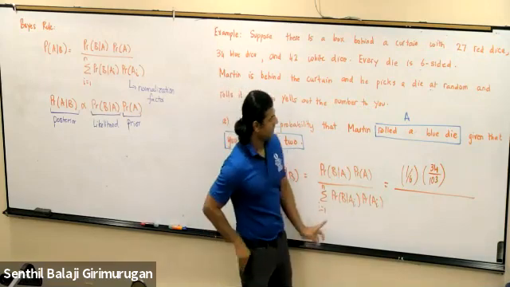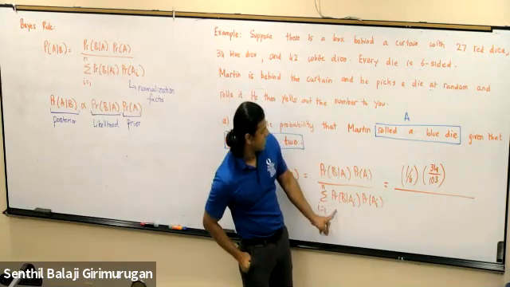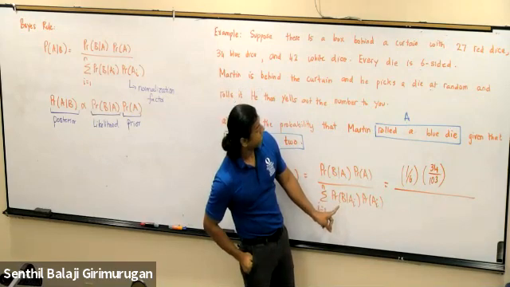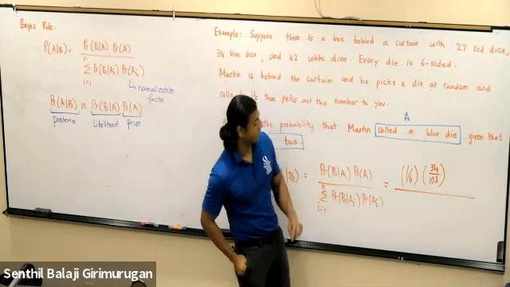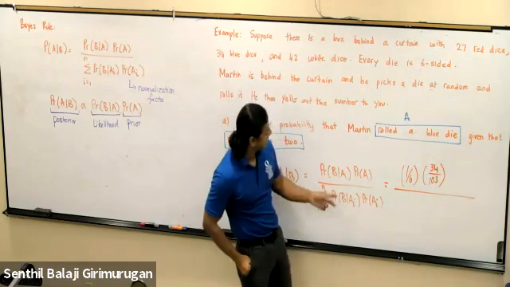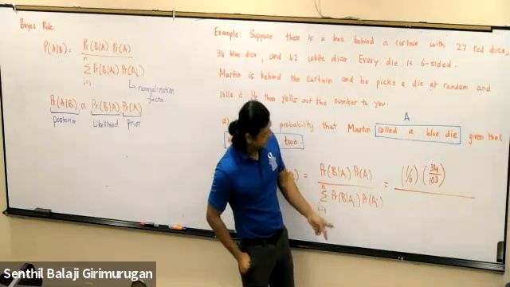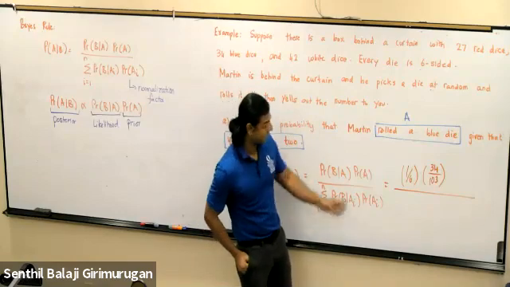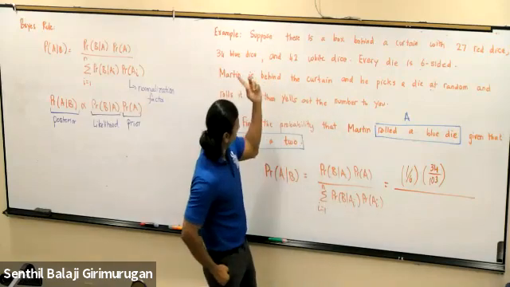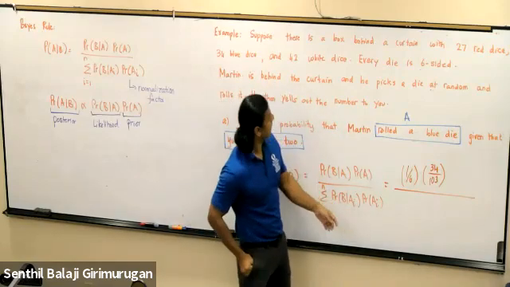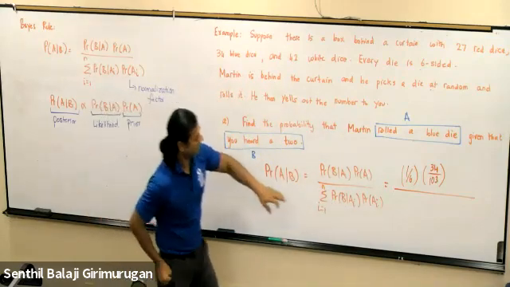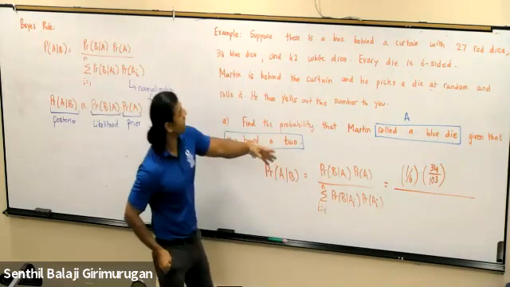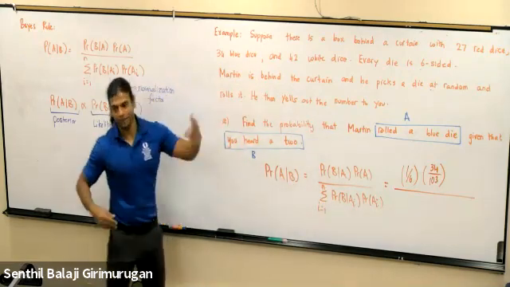In other words, what is the probability that we get a 2, given that you pick a red die? What is the probability you roll a 2, given that you pick a white die, given that you pick a blue die, given that Martin rolled a white die, and so forth.